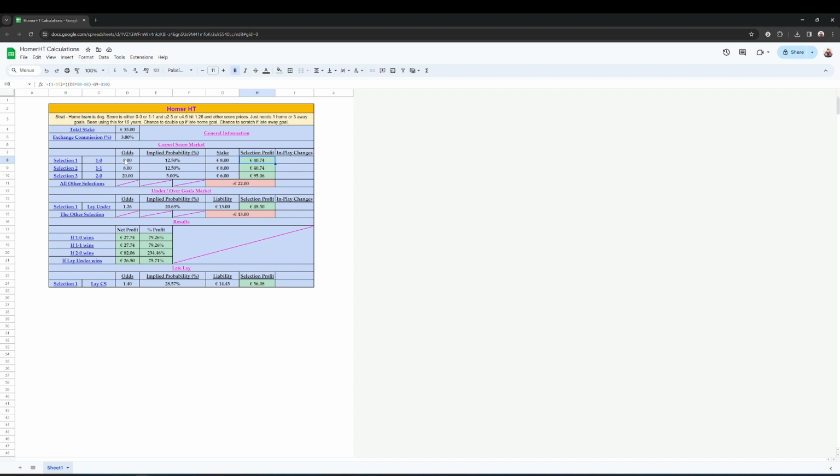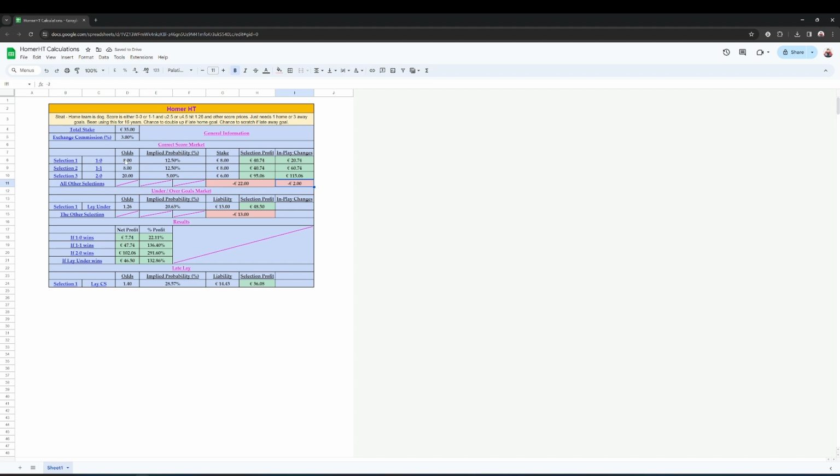Yeah, so I can lay 1-0 at 2 for 20. Yeah, if I do that, then I'll have 20.74 here, and I'll have 60.74 here, 115.06 here, and on any other selections I will have, okay, I'll have -2, right?